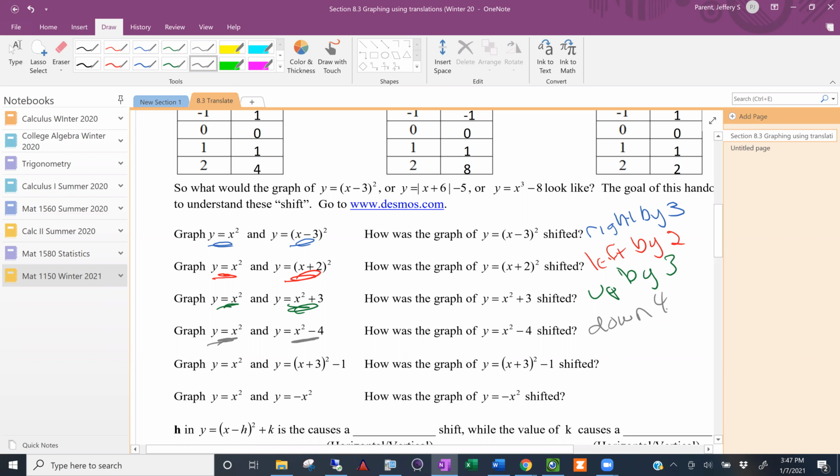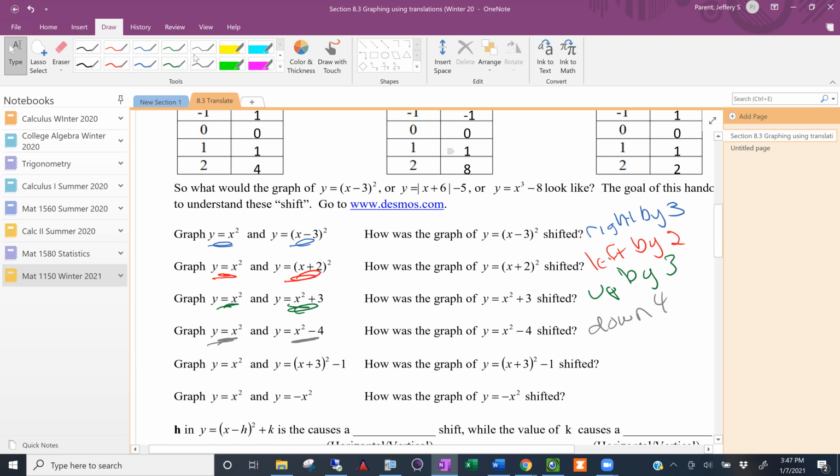So what I'm going to do next is do kind of a combo. We're going to do a couple shifts. Now what we've seen is left and right, up and down. How about if we put a couple of them together? We don't have to just do one kind of shift at a time. We can do multiple shifts.